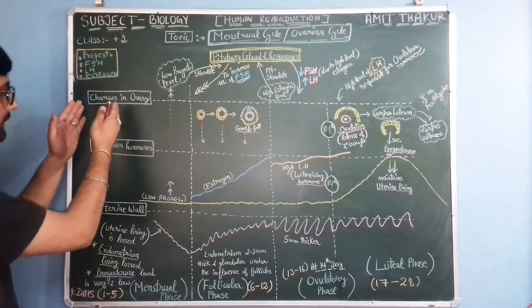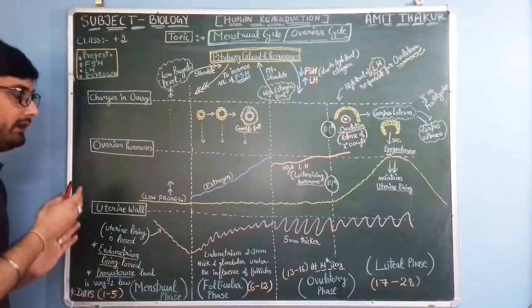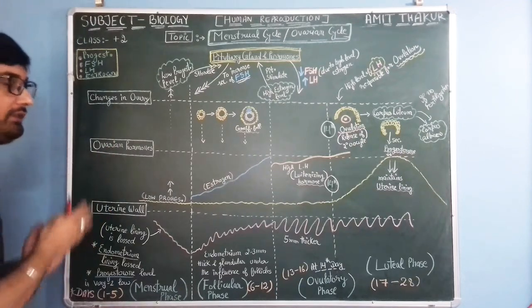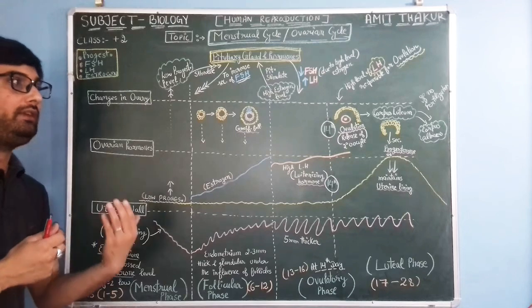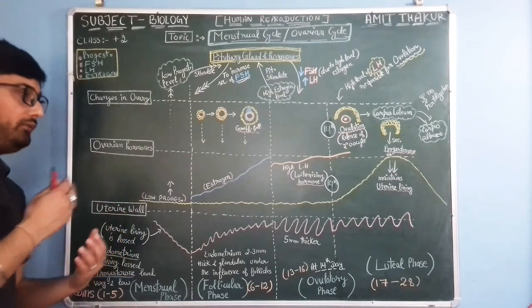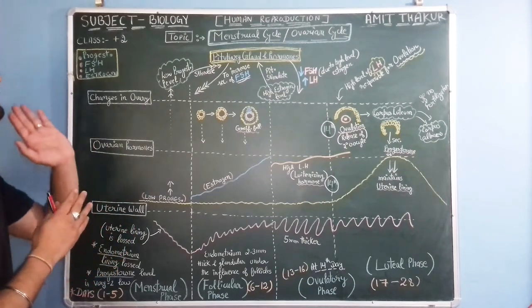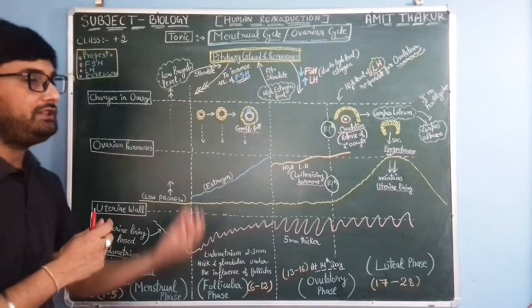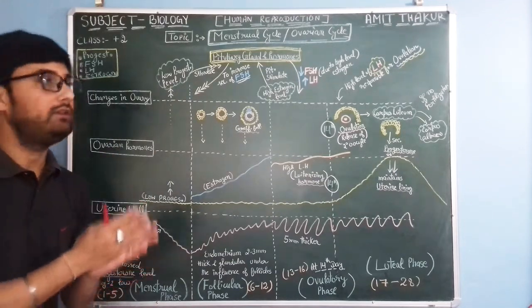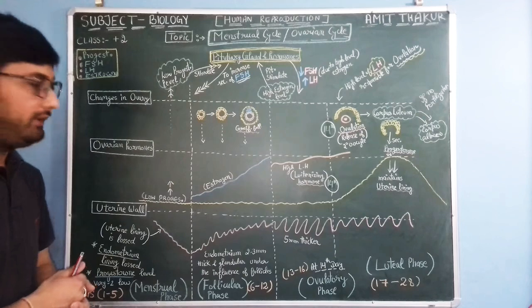So these are the three stages where we will see the various changes, the hormones, their secretions, and their impact during the menstrual cycle.